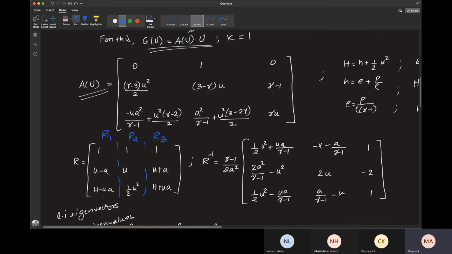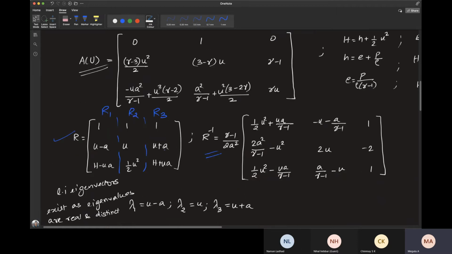R is a matrix consisting of the linearly independent eigenvectors as its columns. Since these columns are linearly independent, you can always have R inverse. So you now have a matrix consisting of eigenvectors and an inverse of that matrix.